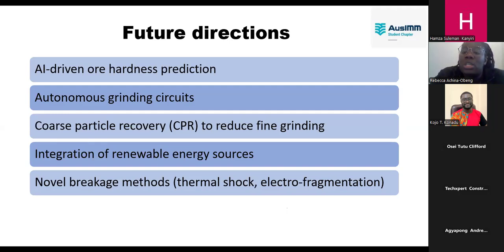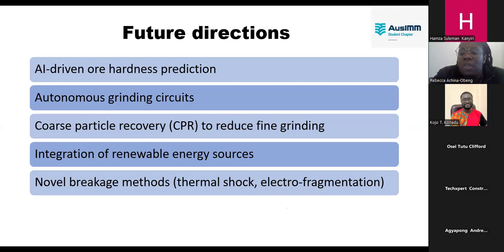Also, we are looking at coarse particle recovery. It can be a major step change, where it allows recovery of valuable minerals at much coarser sizes. This can be employed especially when we have the ore sorter in place, where most of the gangue material has been removed, right? So it means whatever you are introducing into the plant is already high grade.